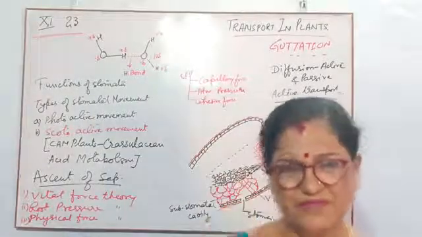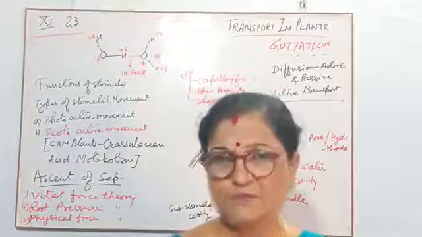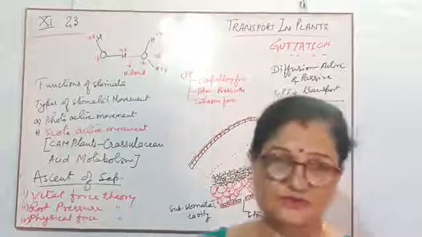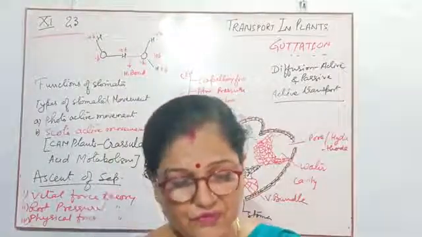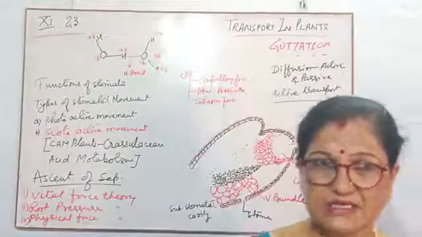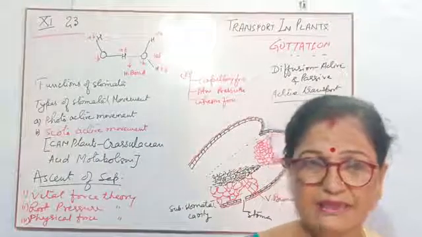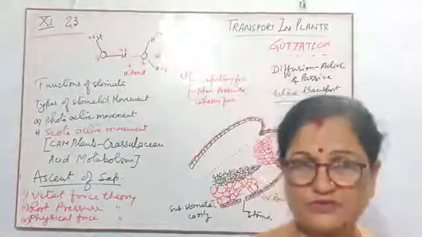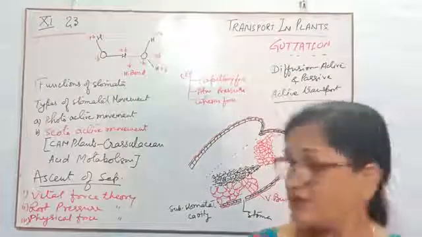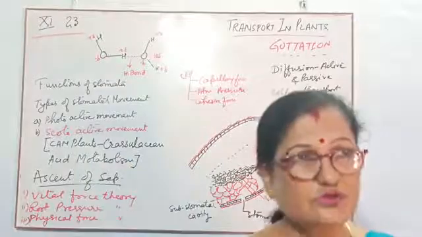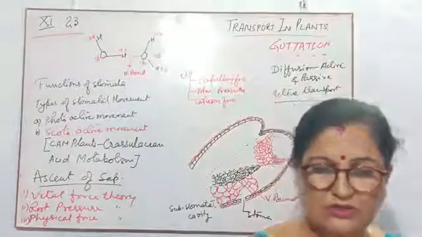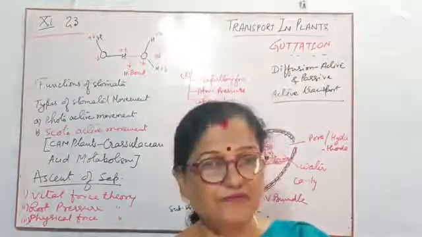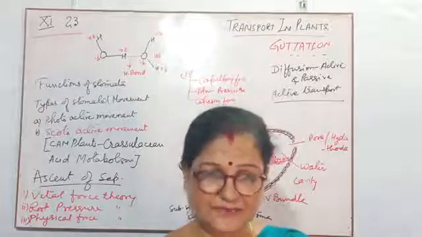Now children, there is a little difference in the types of plants, those which have photoactive stomata and scotoactive stomata. Plants with photoactive stomata are known as C4 plants, and they have Kranz anatomy. When you study photosynthesis, then you can understand. But those which have photoactive stomatal movement open their stomata in the daytime, so they fix carbon dioxide in the night time.